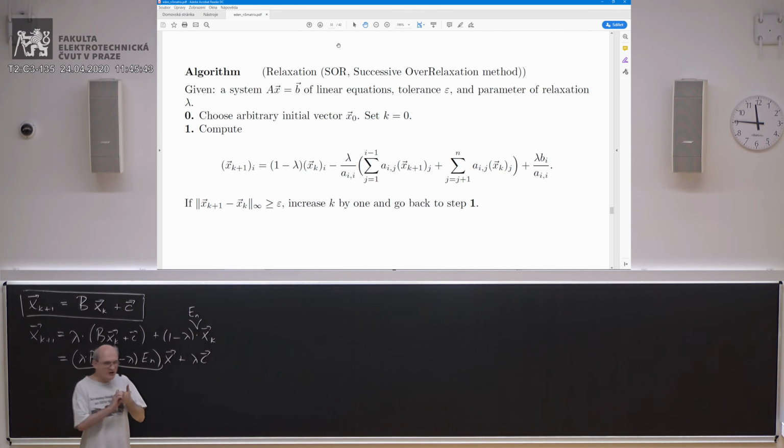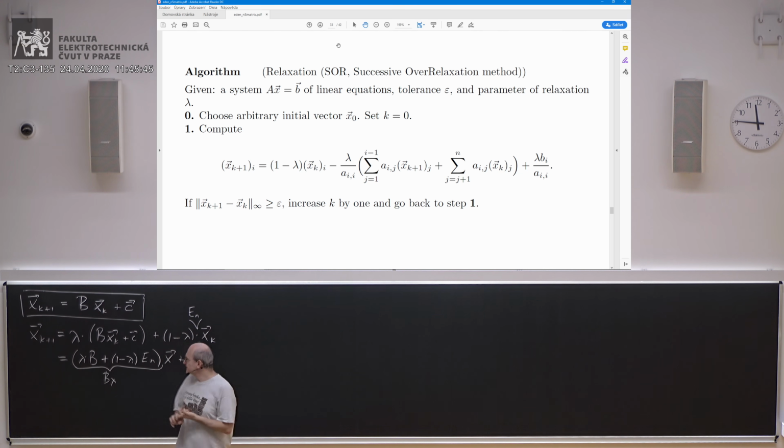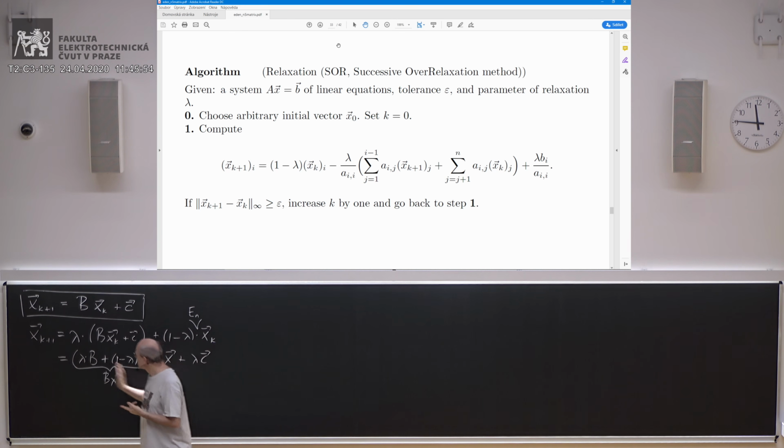Over-relaxation refers to the fact that lambda is very often larger than 1. So we are not taking a compromise, but we are using it to push ourselves in the direction of faster convergence. That's very nice. Why successive? Successive because you find the right lambda by running the problem successively.